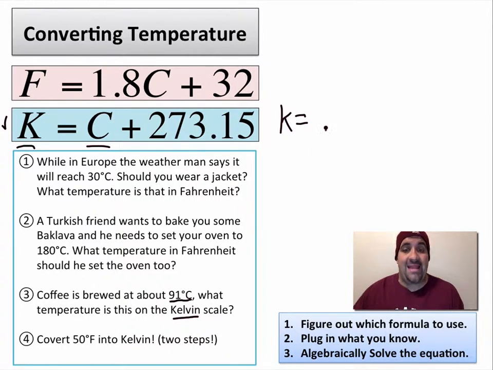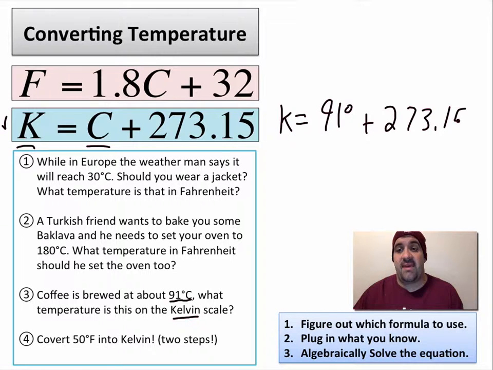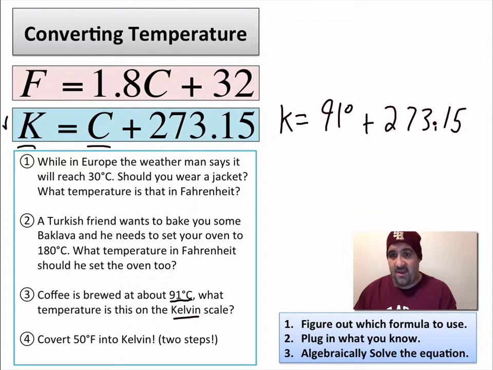The temperature is 91 degrees, plus 273.15. And all you have to do is simply add them together. 273.15 plus 91 is 364.15.